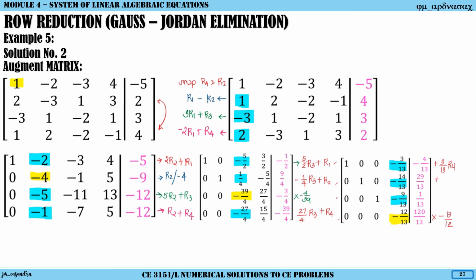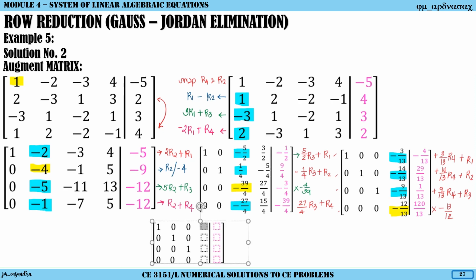It's the negative opposite sign, so that's 14 over 13 times R4. That's positive 9 over 13 times R4. So that's plus R1, R2, R3. So with our equations, we'll now have 0, 0, 0, 1. And for our constants, we'll have 2, 13, 7, and 10.